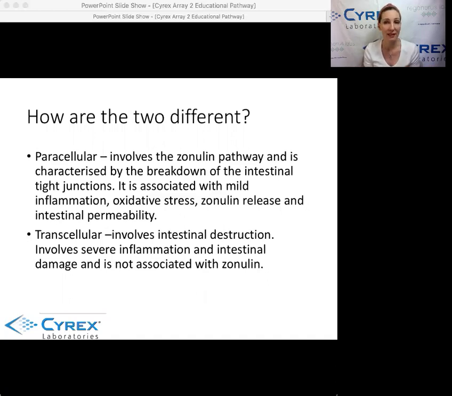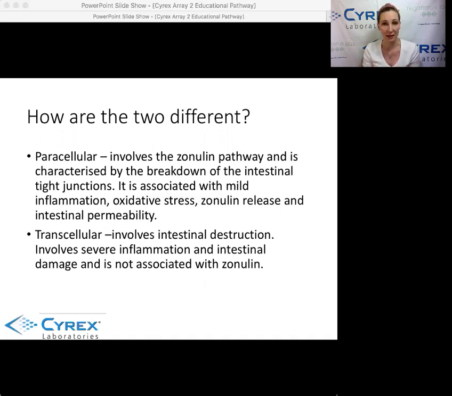It is associated with mild levels of inflammation, with oxidative stress, with zonulin release, because zonulin is the enzyme that communicates the need for opening and closing the space in the tight junctions there, and intestinal permeability.